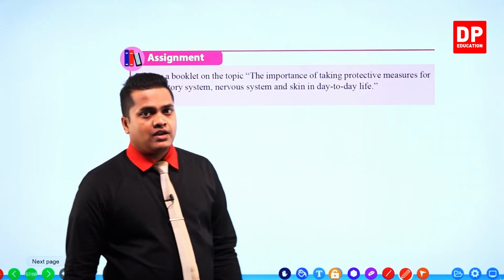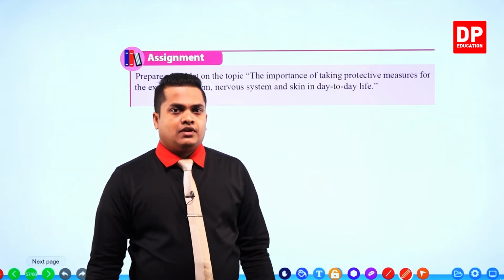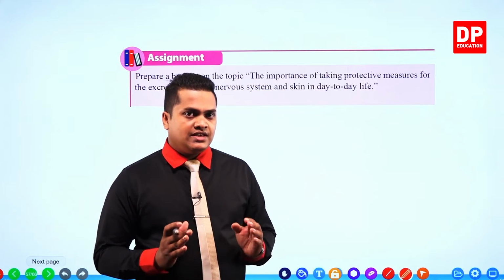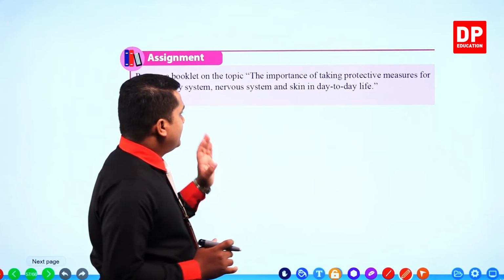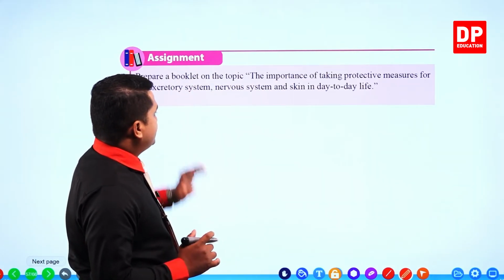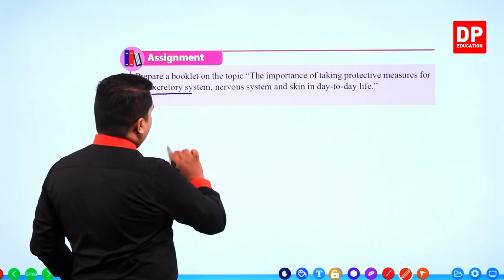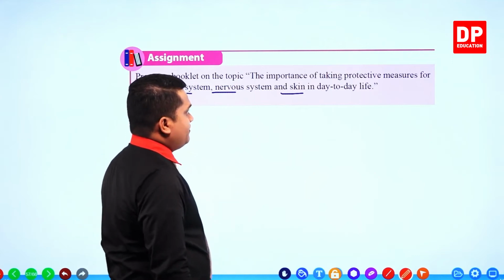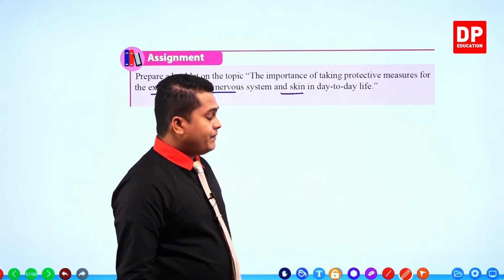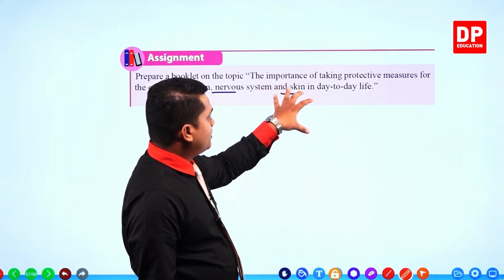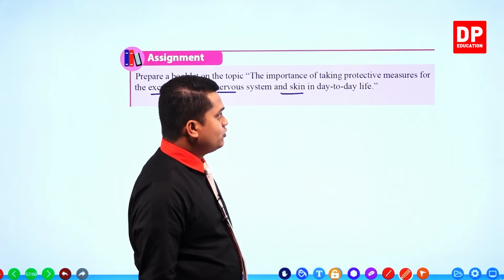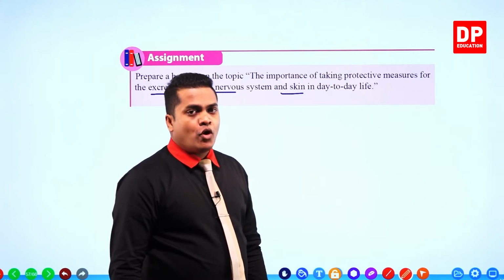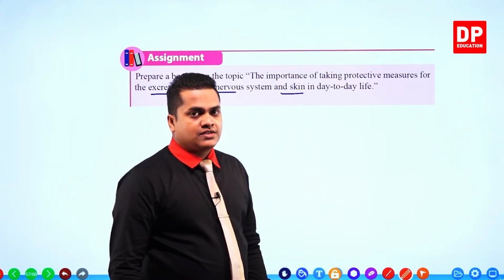So this booklet should reflect these topics: the excretory system, the nervous system and the skin. And we have to provide some examples of the importance of taking protective measures.